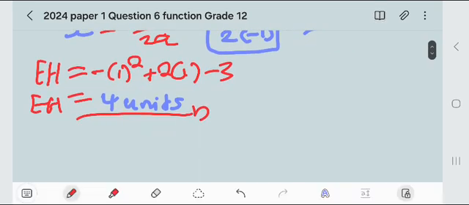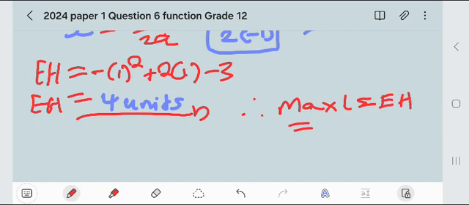That means therefore our maximum length is simply equal to EH, which equals 4 units. Yes, f of x is greater than g of x.